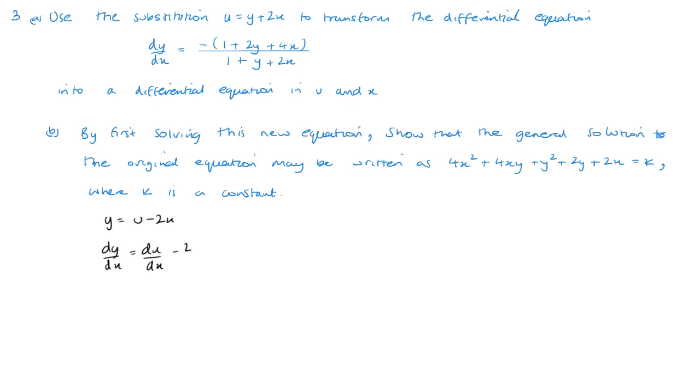It might have been easier to go from up here: du by dx equals dy by dx plus 2. It doesn't make any real odds there.